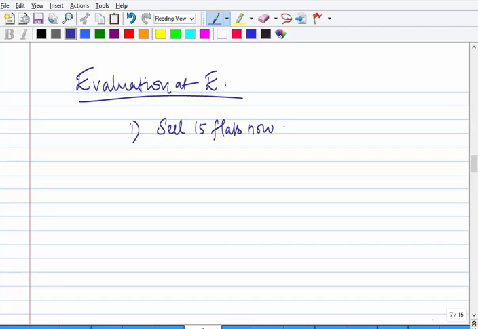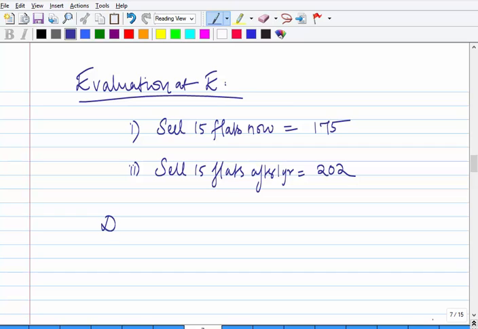If all those 15 flats are sold now, the net benefit is 175. The alternative is sell 15 flats after 1 year, in which case the net benefit is 202, and in decision alternatives you have to select the best, the highest. So the decision is sell after 1 year, in which case you will get 202 lakhs.